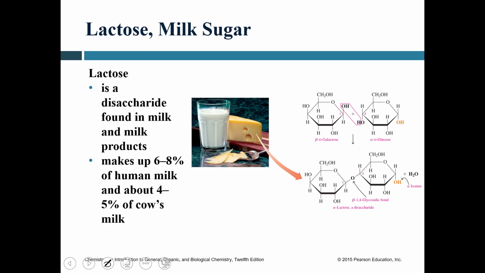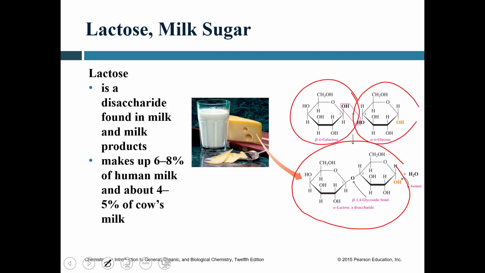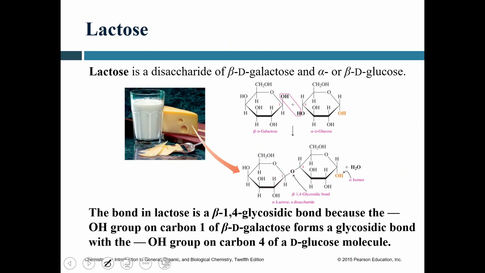Lactose makes up about 6 to 8% of human milk and about 4 to 5% of cow's milk. Now you can see how alpha lactose is formed. It is formed between beta-D-galactose and alpha-D-glucose. Now glucose can be in either alpha or beta conformation because that determines this atom.